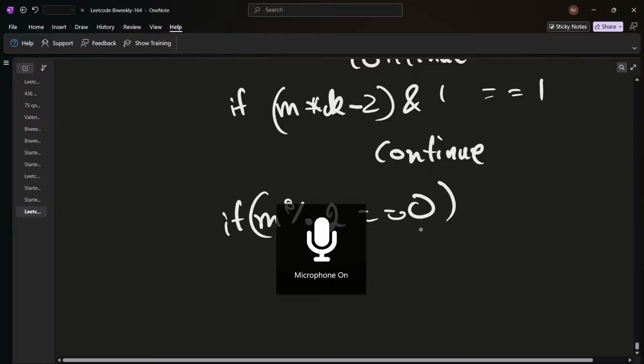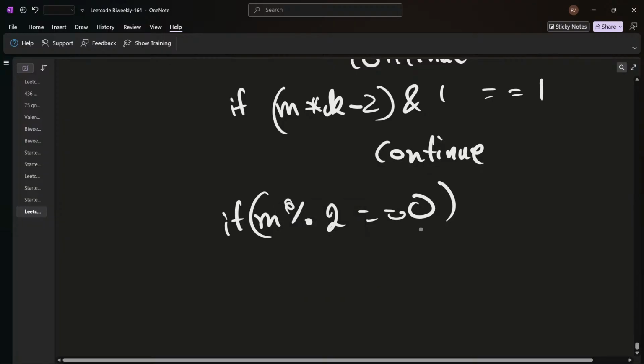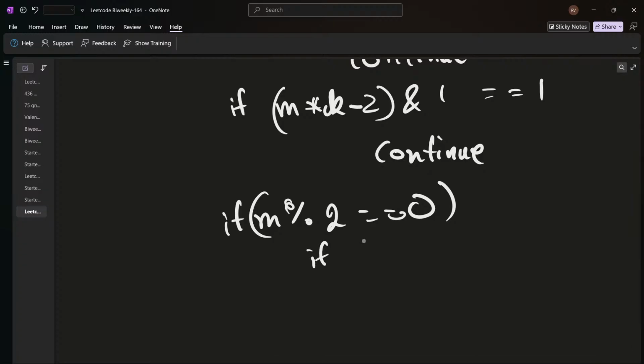Okay, so if m divided by, this is modular division, modulus. So if it is even, basically m modulo 2 is equal to 0, which is even. In this case I'll put one more if condition. What is that?